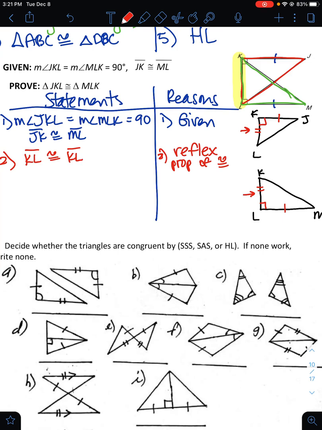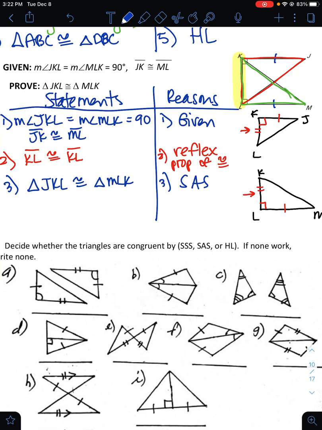Now, because I am told that the angles are equal in the given, that gives me the angle. It is the included angle, okay, so I'm good to go there. So I'm ready to wrap up my proof. I'm ready to recopy the prove line. Triangle JKL is congruent to triangle MLK, and that is by SAS.